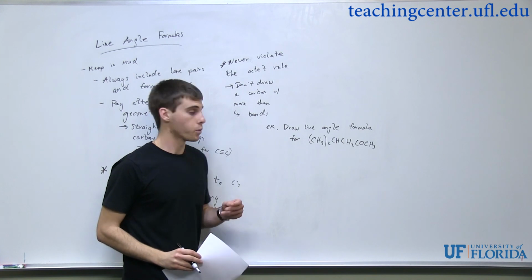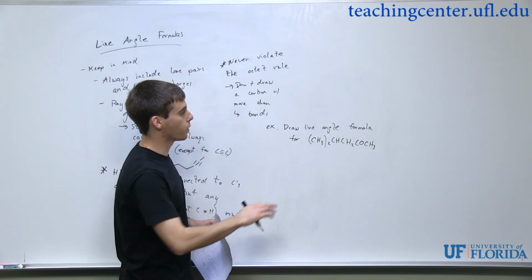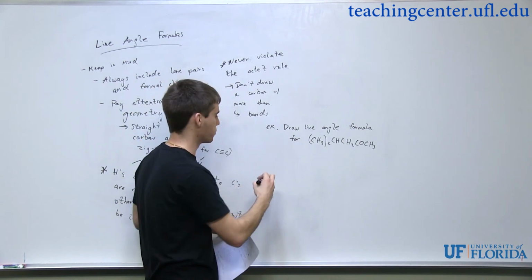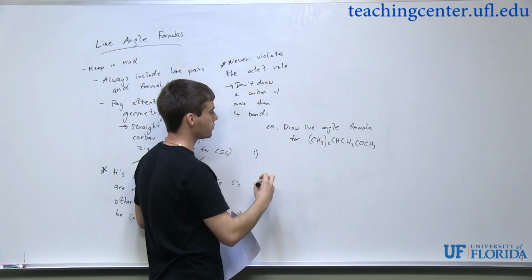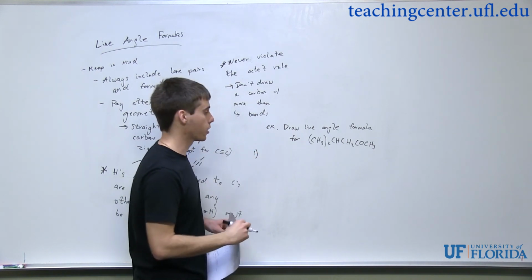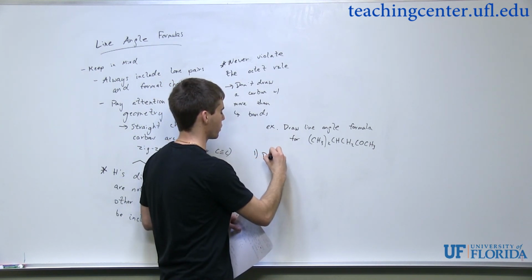Okay, so a 3-step process to do this. I might end up having to move over onto this set, but we'll start with here. So we just draw the regular Lewis structure like you did in general chemistry.